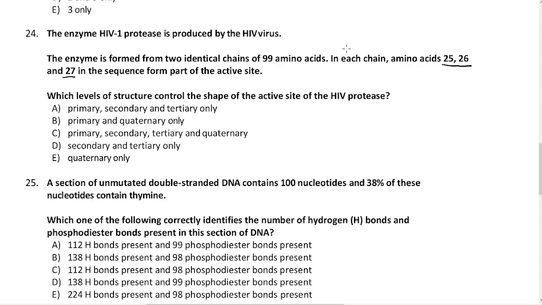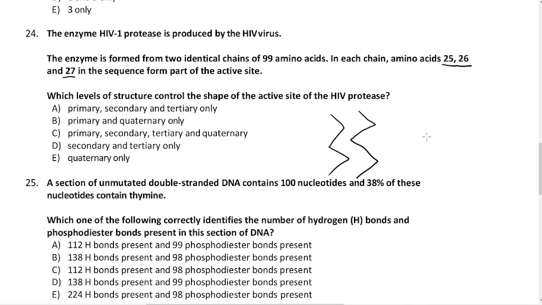So the primary is the sequence of amino acids. The secondary is how these chains of amino acids actually communicate between them. We have two types of communication. We have the first type, that is a beta sheet, and then we have an alpha helix. So we have bonds between, for example, nitrogen and nitrogen, oxygen and nitrogen and hydrogen.